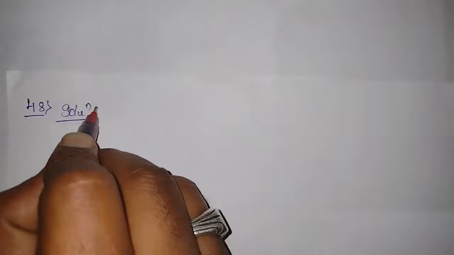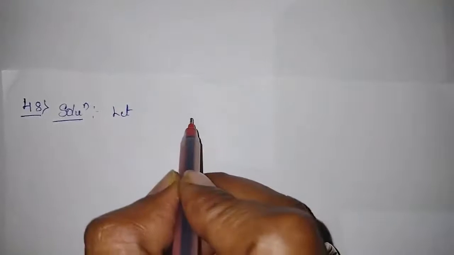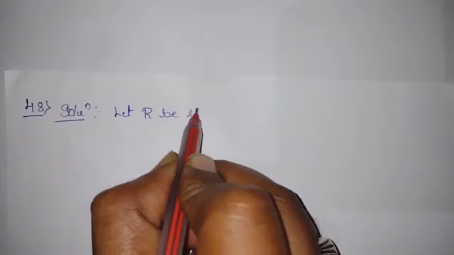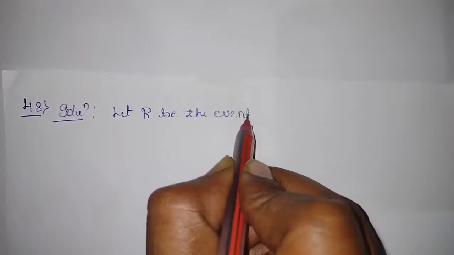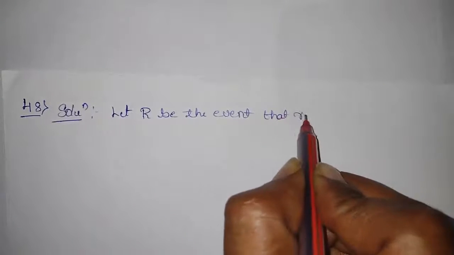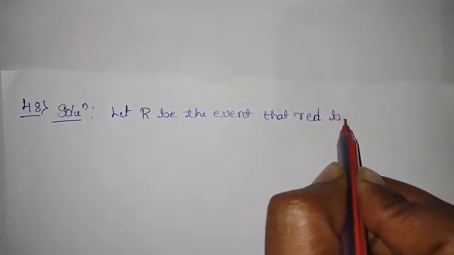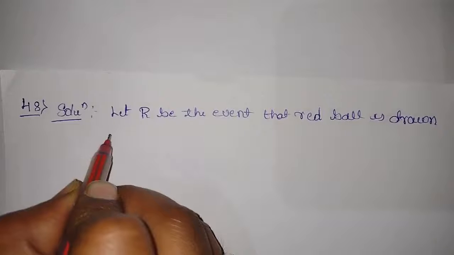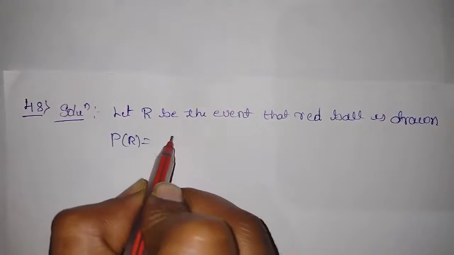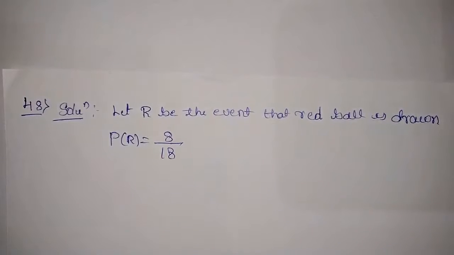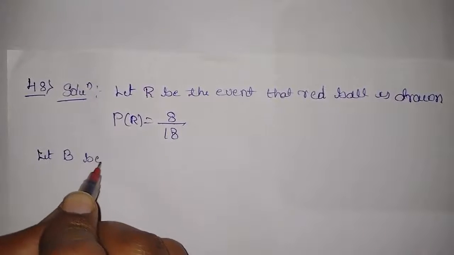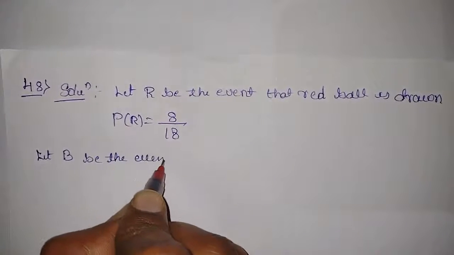Let capital R be the event that a red ball is drawn. So P of R is equal to 8 out of 18 balls. Clear?